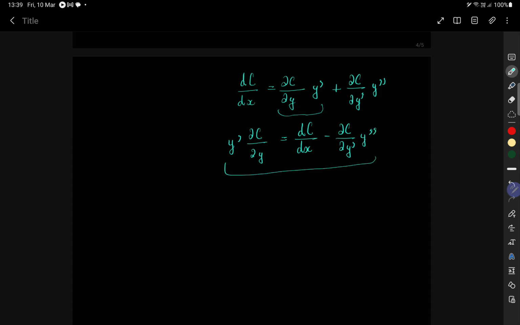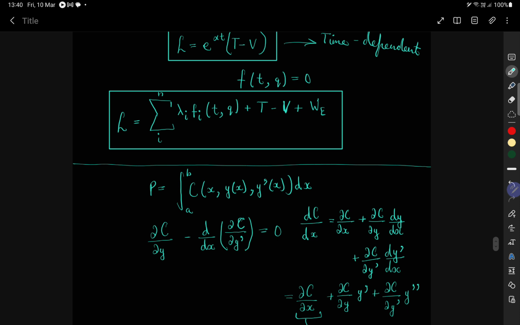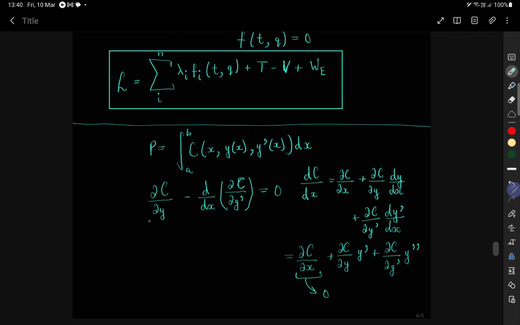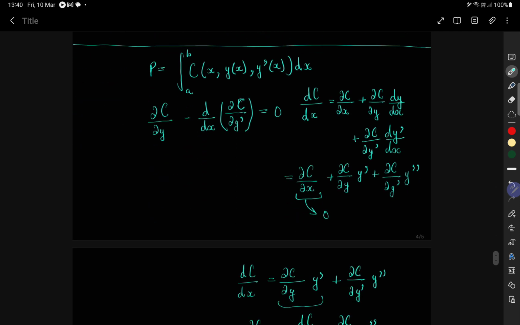Now we can substitute this into our Euler Lagrange equation, but first we'll multiply it by y prime. So we get y prime partial c by partial y minus y prime d by dx of partial c by partial y prime should equal 0.